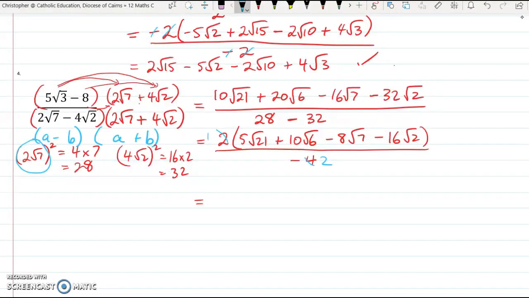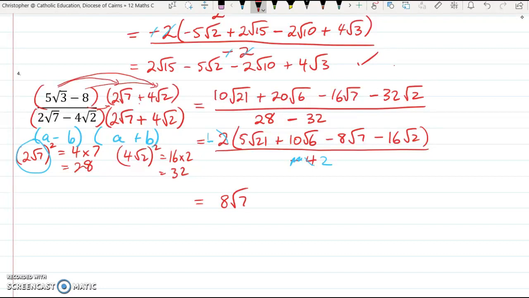Now, really what you should do here is you don't like having that negative on the bottom. You can bring the negative up to the top here, and then really if you've got that negative up the top instead of down on the bottom, you can just simply go through and change all of the signs. So, what I'm going to do is I'm just going to start off with one that's going to become positive, which will be 8 root 7.